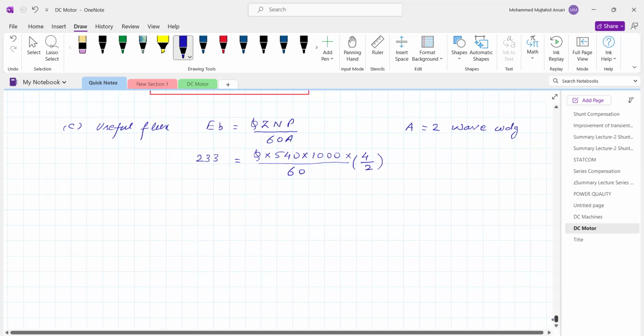So the flux phi equals 12.9 milliweber. So this is one more parameter.